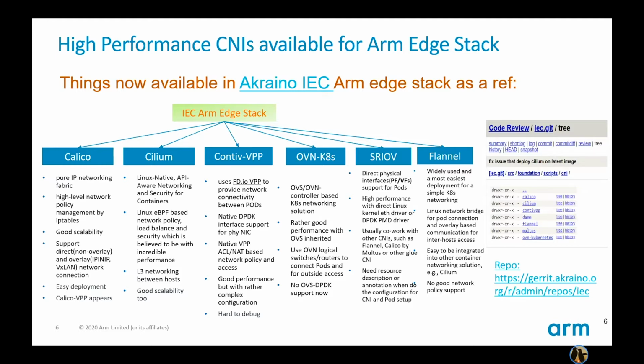Another widely used CNI is Flannel. Flannel is very easy to deploy and is a very simple solution for Kubernetes networking, so it is widely used for demo purposes. SR-IOV provides physical network interface support for the pods. And OVN Kubernetes is an OVS-based Kubernetes solution.